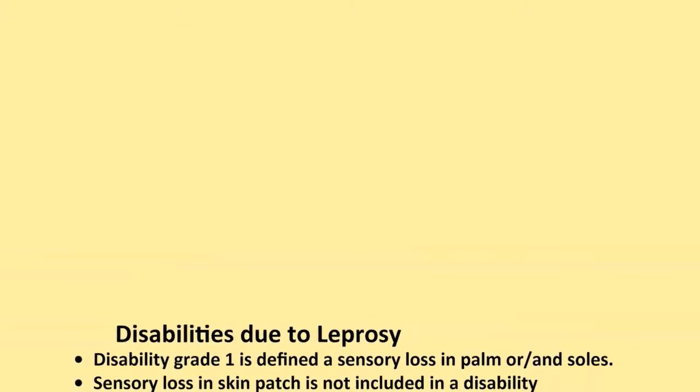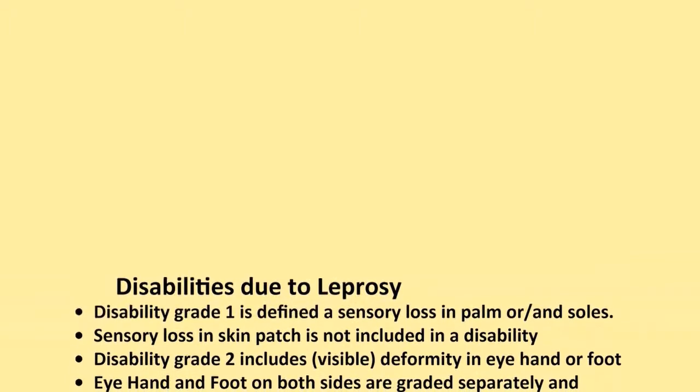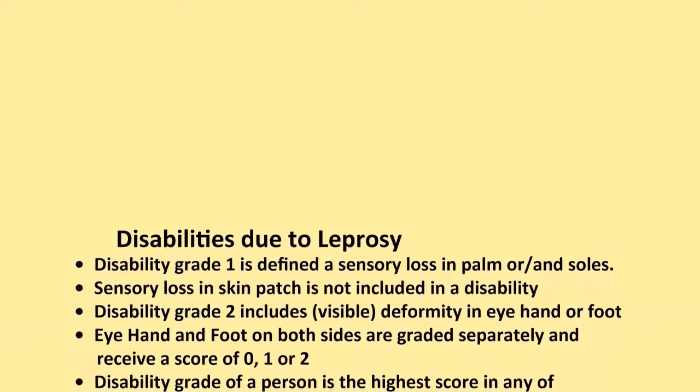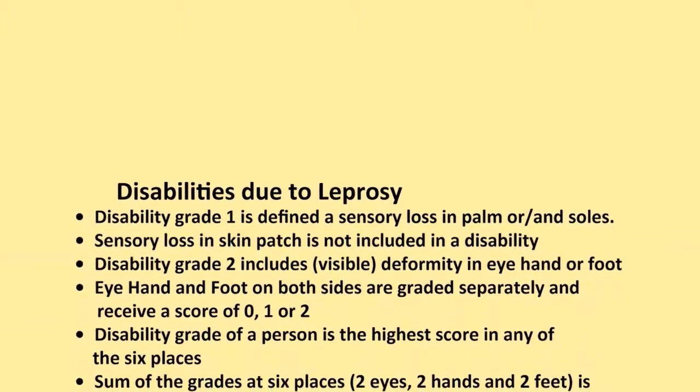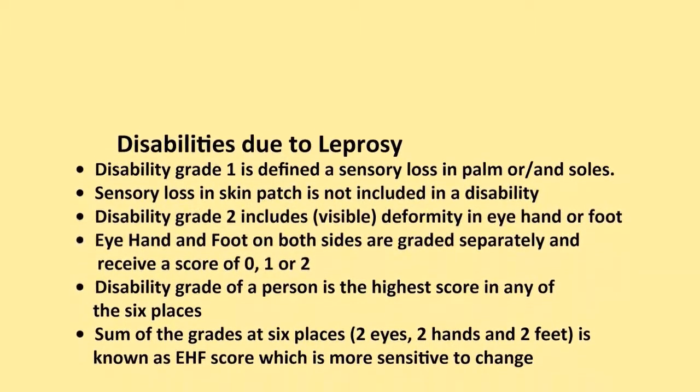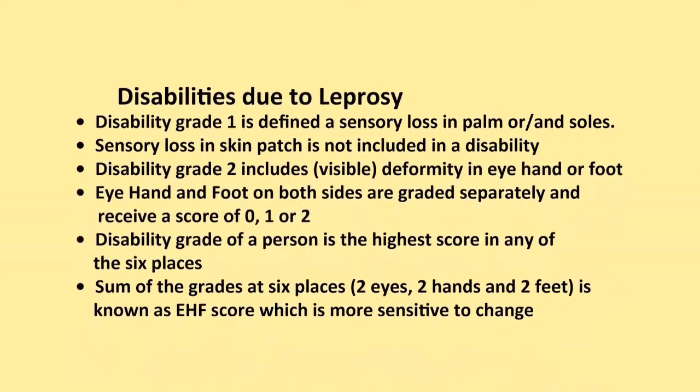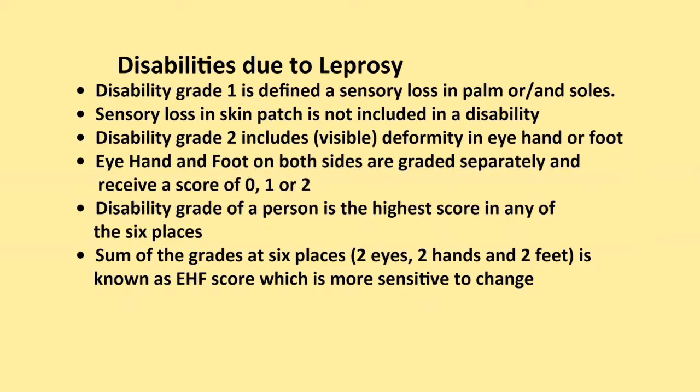Disabilities due to leprosy. Always remember, disability grade 1 is defined as sensory loss in palm and or soles. Sensory loss in a skin patch is not included in disability. Disability grade 2 includes visible deformity in eye, hand or foot.